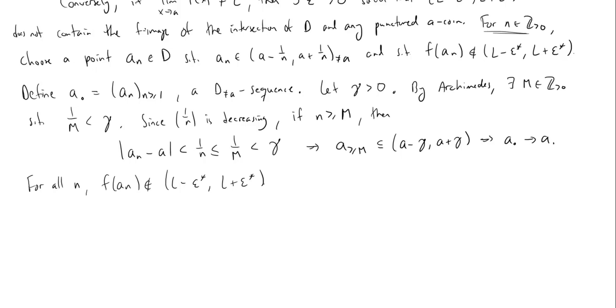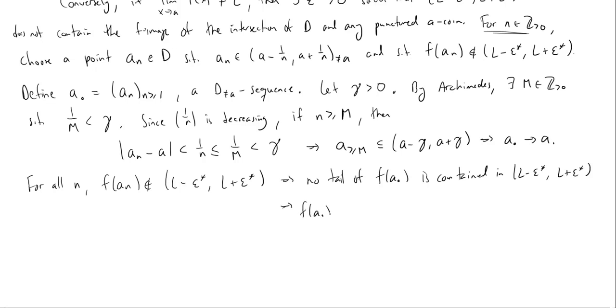Which means that there is no tail of f of a dot contained in the L coin of radius epsilon star. And so this implies that f of a dot does not converge to L. So this finishes the proof.